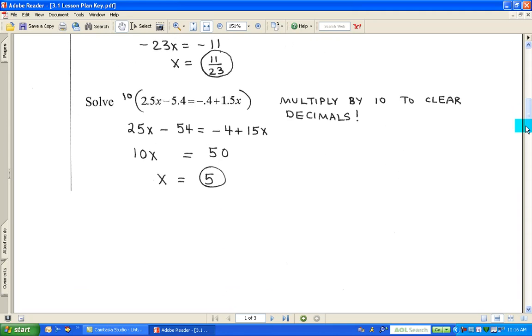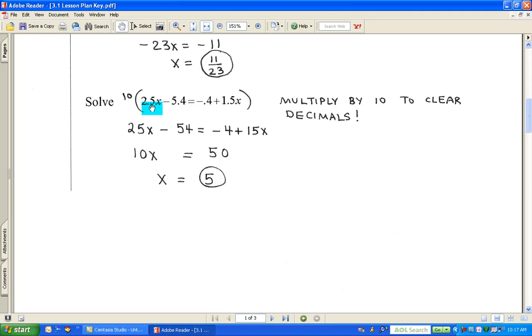And this equation, some of my students actually leave the decimals in it and work with the decimals, which of course is perfectly fine because you're allowed to have a calculator on your test and final exam. So decimals certainly aren't forbidden. I personally like to get rid of the decimals. And what I've done here is I'm going to multiply everything through by 10.